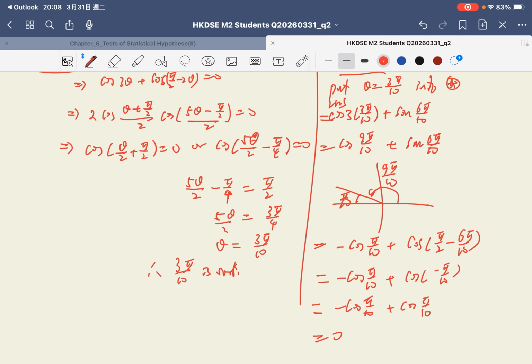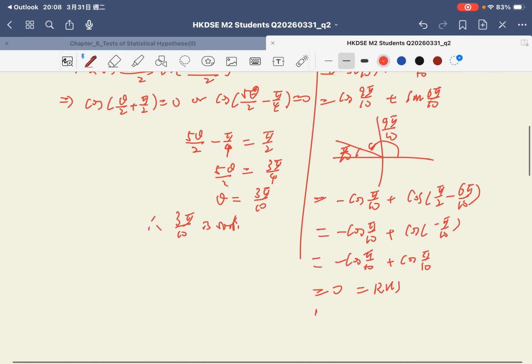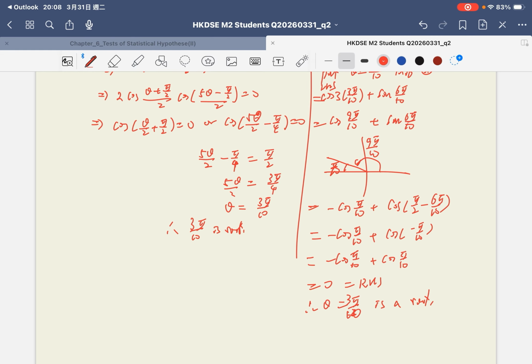So the sum is equal to 0, the right-hand side. Therefore, θ equal to 3π over 10 is a root. That is that part of the proof.